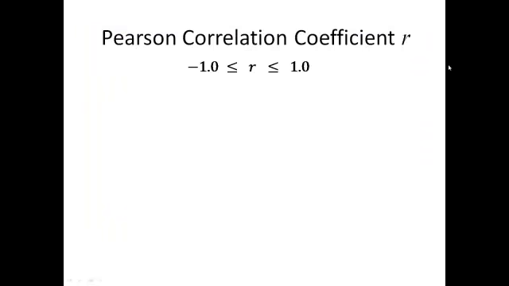It turns out that R is always going to be a number that runs somewhere between -1 and +1. So the smallest possible number would be -1.0. The largest possible number for R would be 1.0. And in fact, -1 and +1 are sort of unusual cases. Normally R is going to be a value somewhere in between.